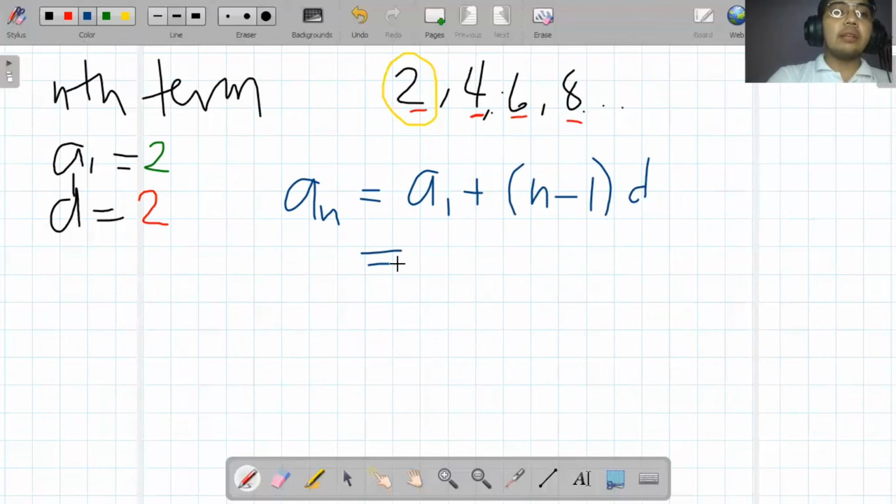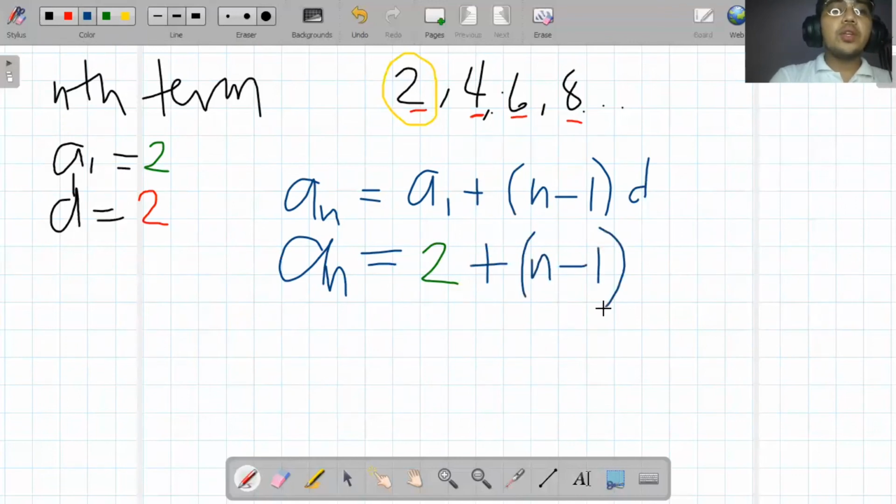Substitute. Since we are looking for the nth term, n stays, A sub 1 is replaced with 2, plus n minus 1, times the common difference, which is 2.